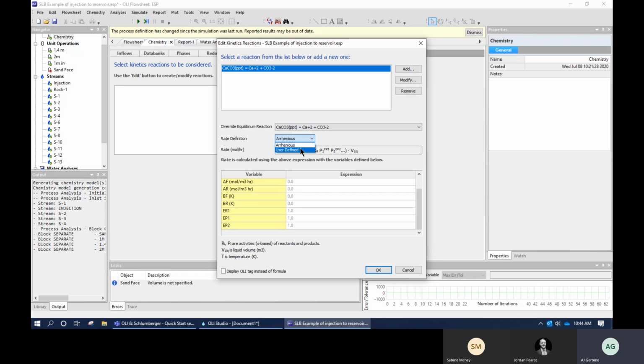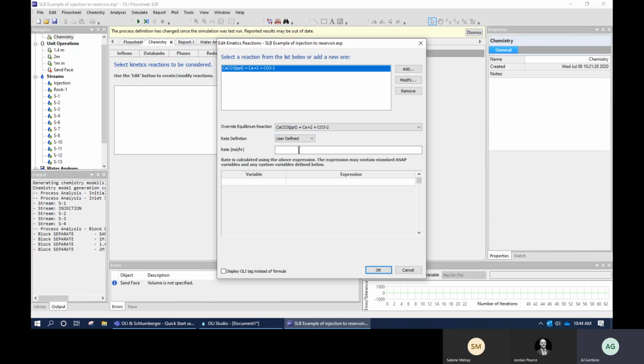But then you can also do what's called user defined, or you can create your own reaction rate. So for example, I may define, let's say for example, K forward is, no, let me do it this way. I'm going to say that inhibitor effects is equal to maybe pH, actually H ion, times maybe PO4 ion.